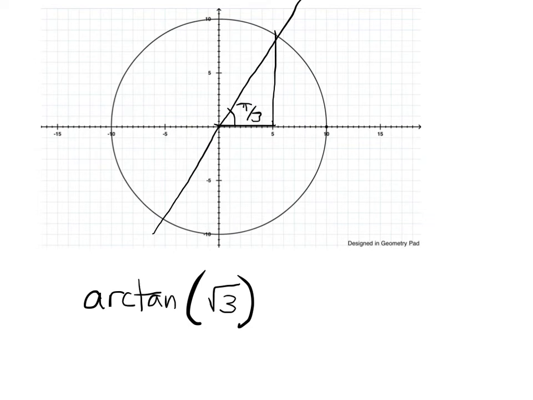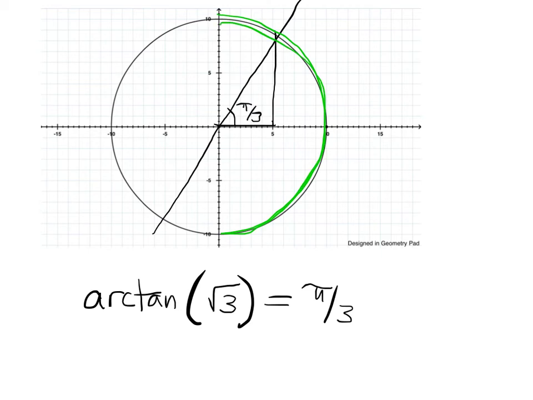And then we care about this other weirdo angle. Well, not really. If I just want to say what arctangent is, it's pi over 3, because arctangent looks at this part of the circle and calls it a day.